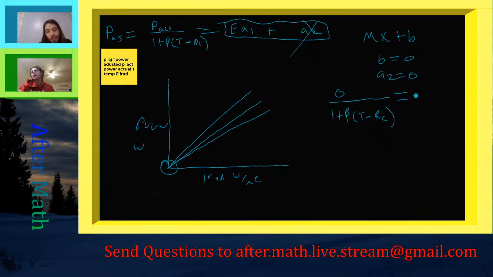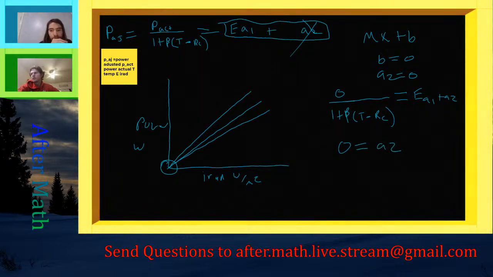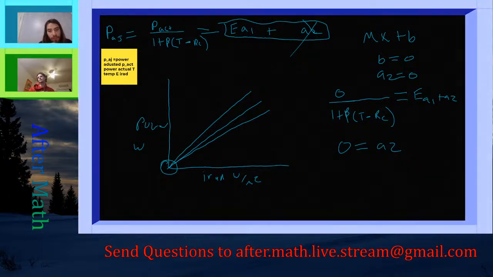And in that case, according to this graph, if we left this as plus A2, our irradiance should also be 0, right? So essentially we'd get 0 equals A2. So that's proving that A2 is 0. If A2 equaled anything but 0, this statement would not be true.